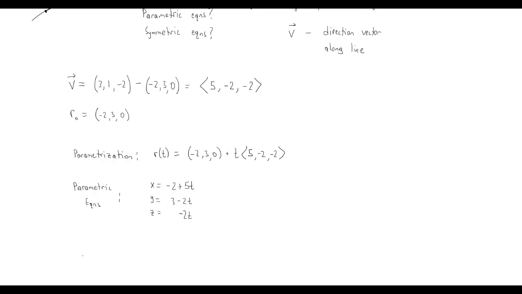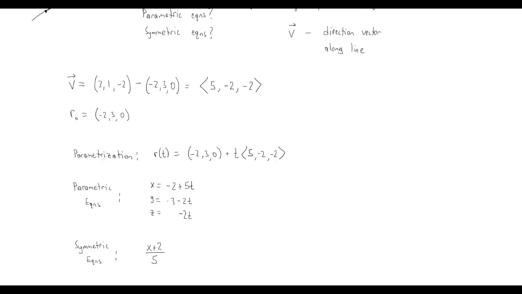And then finally, for the symmetric equations, so remember that you can get them just by solving for t in the parametric equations. So in the first equation, solving for t, we'll get t is x plus 2 over 5.